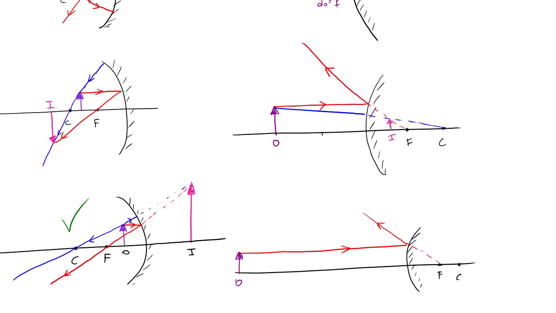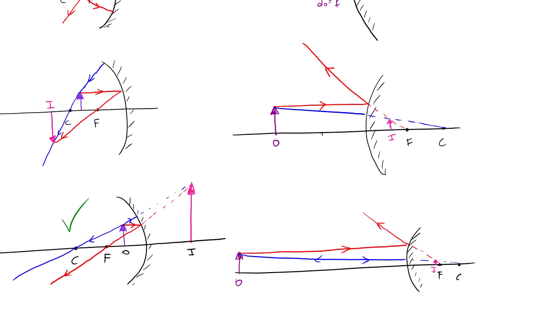And then the central ray is going to make the image very, very small. Here's our image, right here: very small and very virtual, although it's erect.